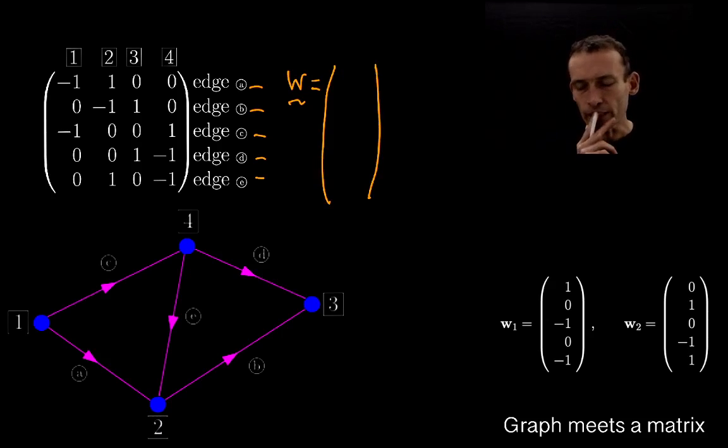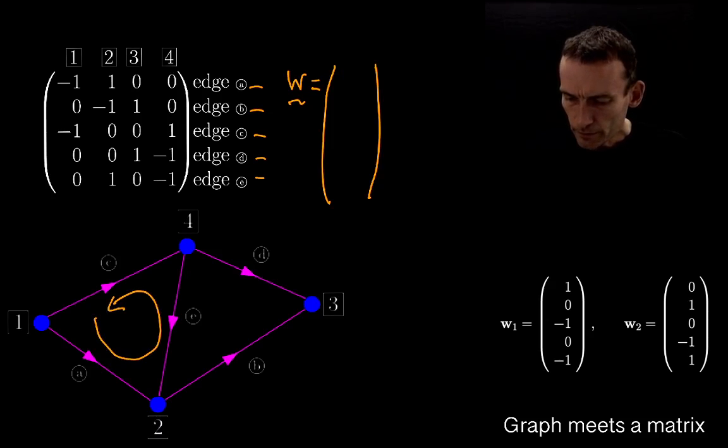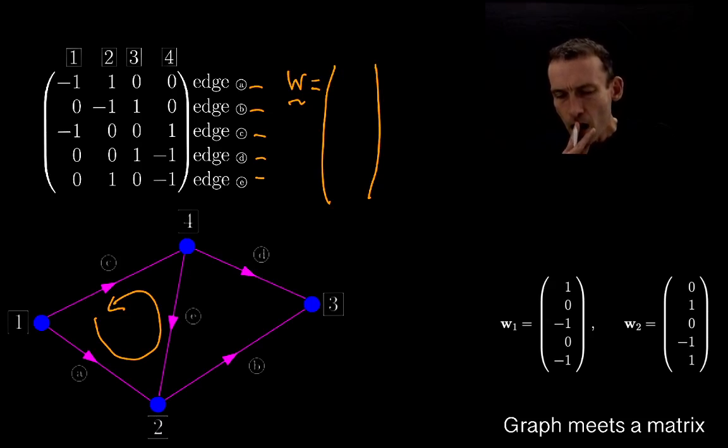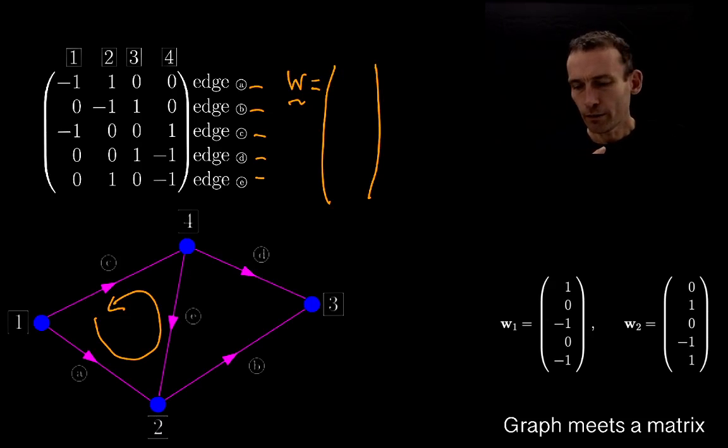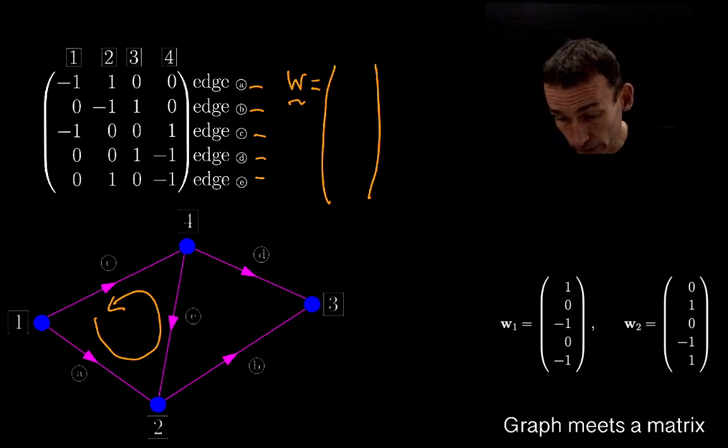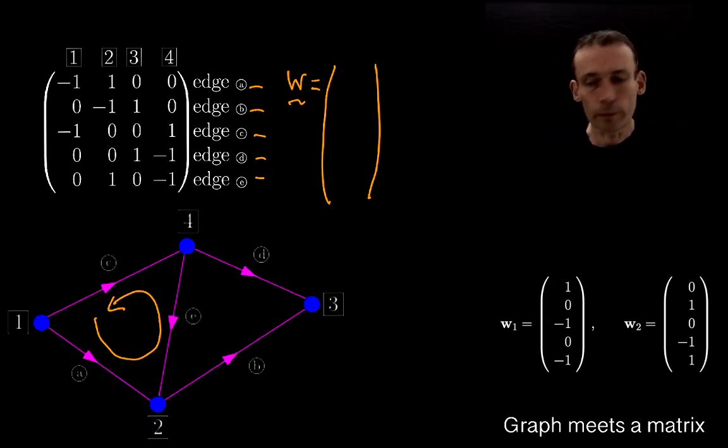And what I'm going to do is, let me think about this loop here. If I go along an edge to make that loop, so in other words, I'm going to have to go along A, I'm going to have to go along E in the wrong direction to the arrow, and then along C in the wrong direction to the arrow. And I'm not going to go along B and D. Here's what I'm going to do to encode that activity.